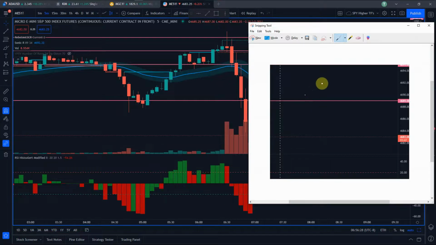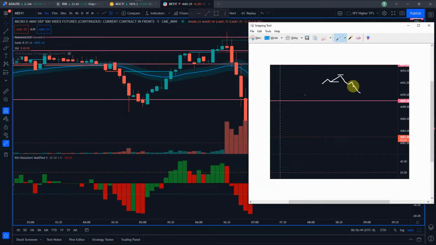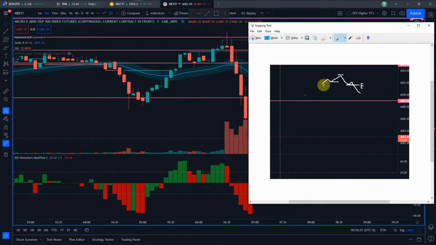You have a new high, this being the new high, then it comes back down, breaking this low here, closing below it, coming and retesting it, and then the break right here is your trade, your entry. So new high breaks the low, retests, and then continues lower, creating essentially a new downtrend, right?